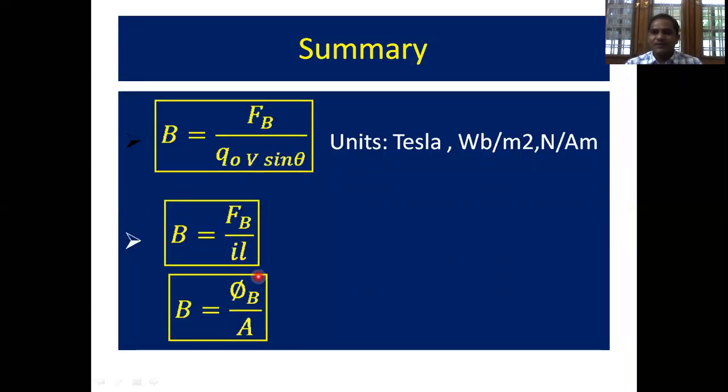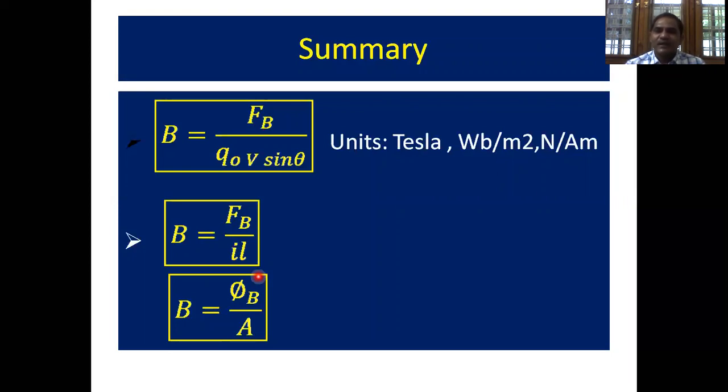So the summary of this present lecture is: first we defined the magnetic induction field strength. After that we have seen the properties of the field vector. We defined the magnetic induction field strength from different formulas. B equals F_B by q_0 v sin theta. From the formula F equals ILB, B equals F_B by IL for theta equal to 90 degrees.